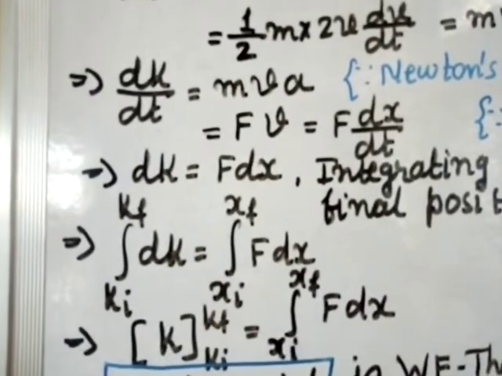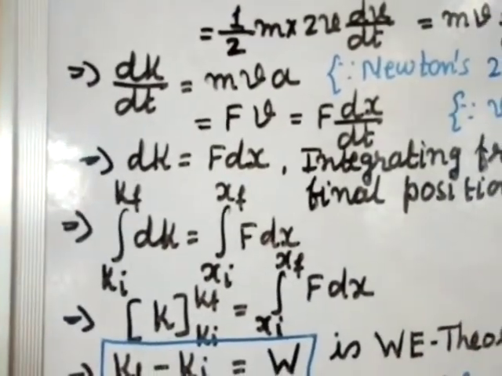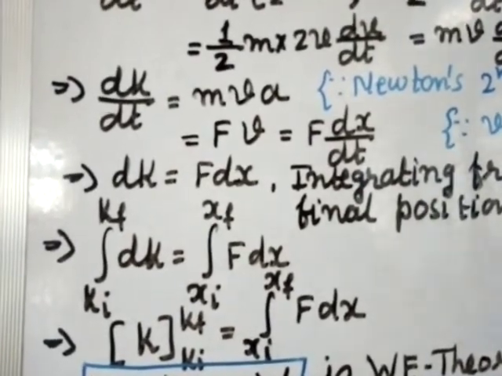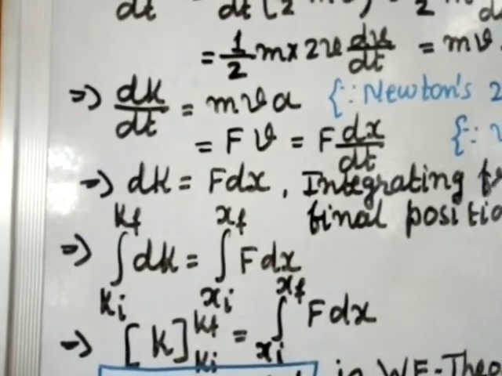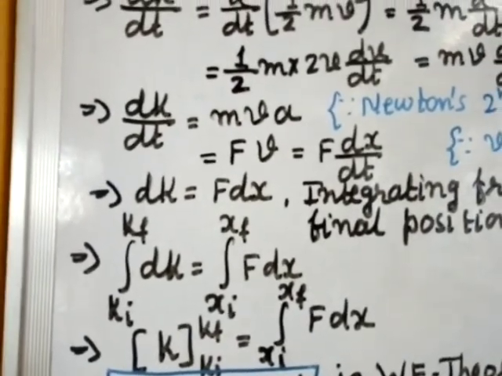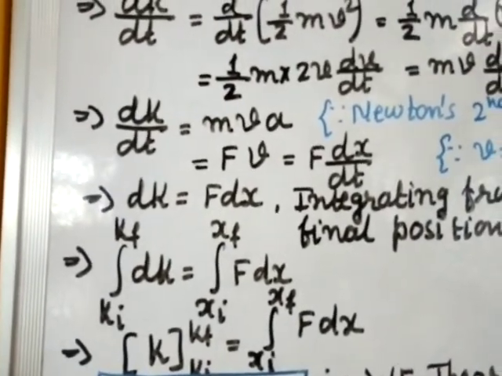Now this integration, I have given the formula in the previous class. Here there is 1, so you can write this as K power 0, because K power 0 is 1. The formula is: integral of x power n dx is x power n plus 1 divided by n plus 1.